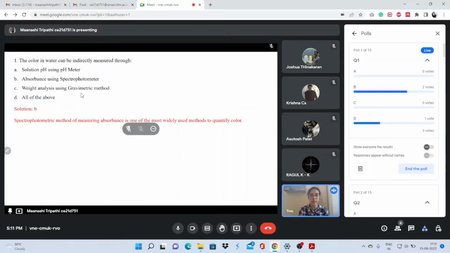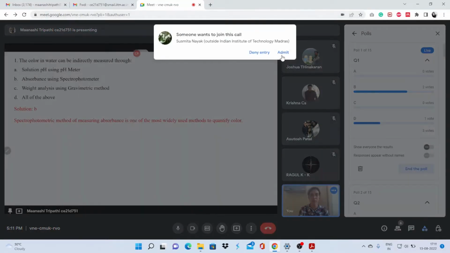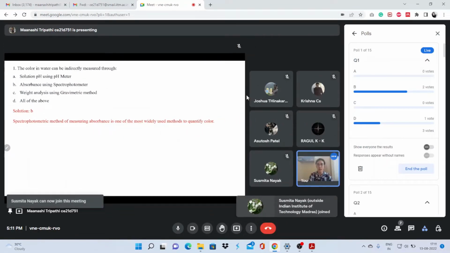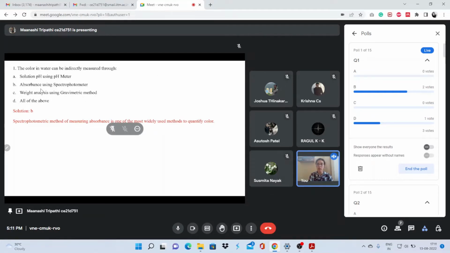And in weight analysis, we measure the particles that are present in that water. So the correct answer is B, absorbance using a spectrophotometer. Looking at option B, spectrophotometer, we talk about spectrum. Spectrum is mostly related to colors. So that is how you can answer the question.